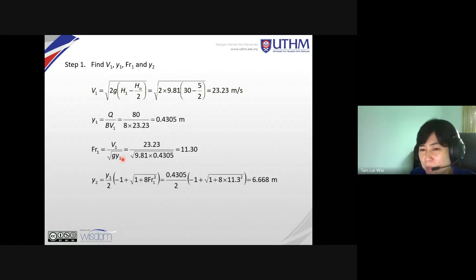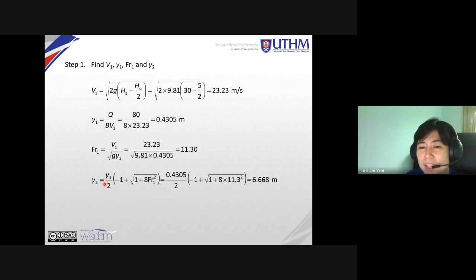I hope you still remember, you are using Y because you assume this to be a rectangular section. Therefore, your D is Y, because your T is basically B. So your Froude number is 11.3. Of course, in the earlier slide we mentioned that the USBR stilling basin is suitable for Froude number between 4.5 and about 17.